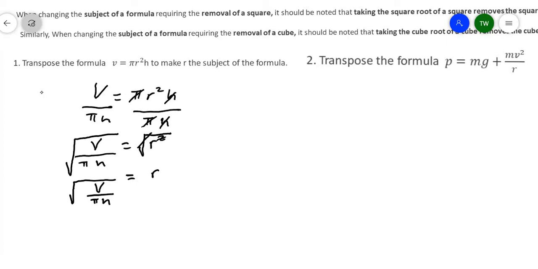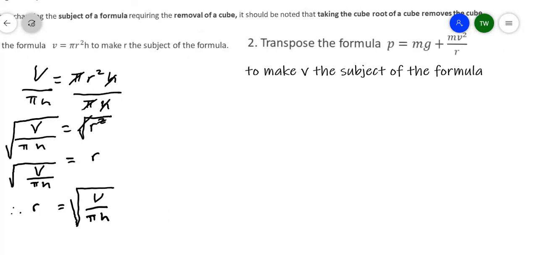All we need to do is rewrite this statement so that the subject is on the left. So we say therefore r is equal to the square root of v all over pi h. And we're finished.